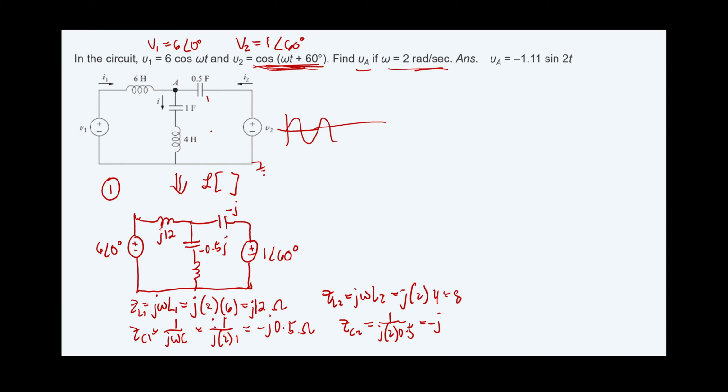Therefore, this is 8j. So having transformed everything into that circuit with phasor equivalent values, let's proceed to the next part to analyze the circuit using whatever method to find the voltage across VA.